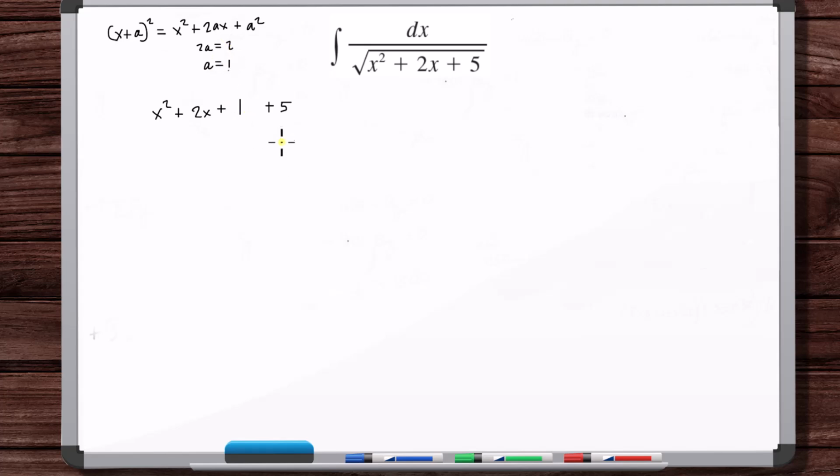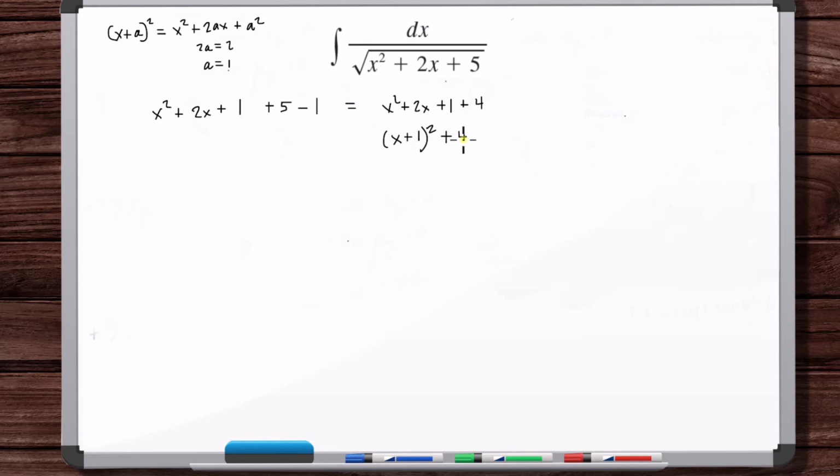So we put a 1 here, but then we subtract a 1 here, so now we haven't changed the expression. You see? But this here is x plus 1 squared, because a is 1.